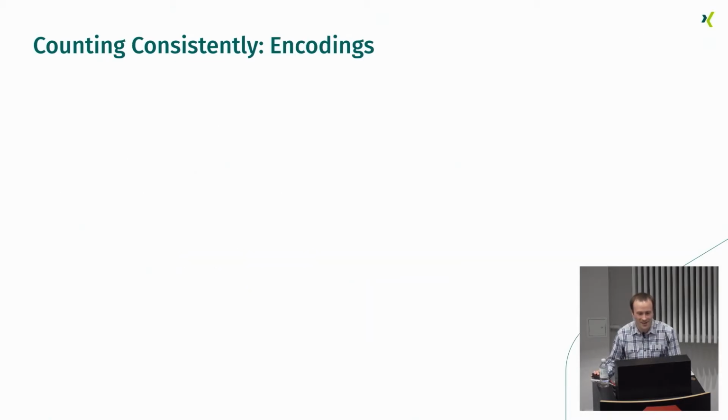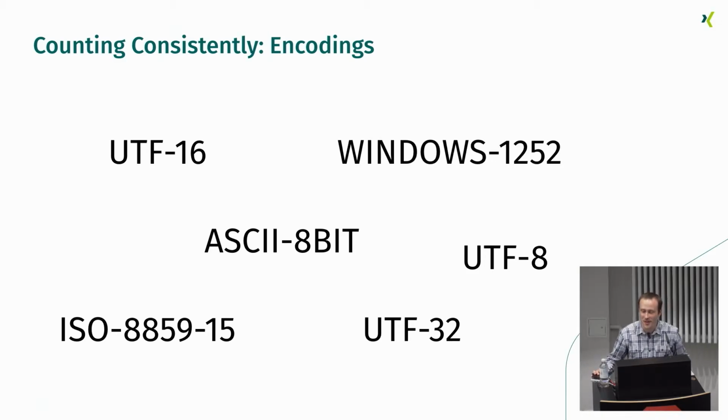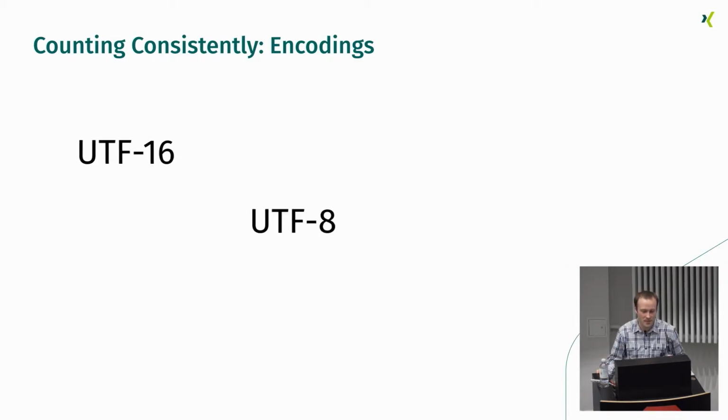Now, one of my favorite topics, having been a PHP developer also before going to Ruby: encodings. Here's a couple of encodings that Ruby understands. There are actually a lot more encodings than that. These are just random encodings that I encountered throughout my career. But if you wonder which one to use, there are actually not many that you would consider.